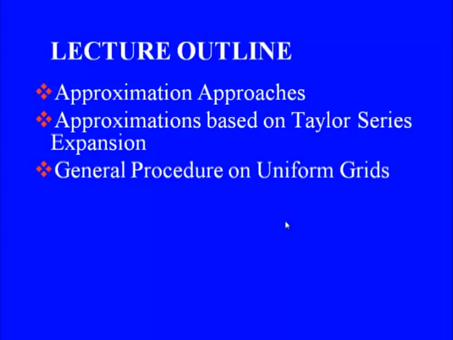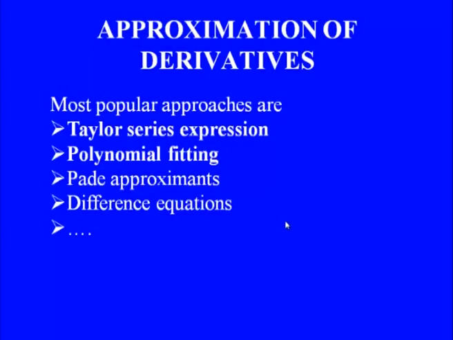In particular, we will look at a general procedure for obtaining finite difference approximation for first order derivatives on uniform grids, and then we will have a look at a generic method called the polynomial fitting method to obtain an expression of finite difference approximation of first order derivatives. We have already seen the most popular approaches: Taylor series expansion, polynomial fitting, Padé approximation, difference equation. There are a few other approaches. We would focus primarily on Taylor series expansion and polynomial fitting.